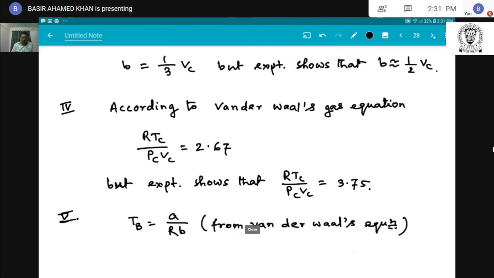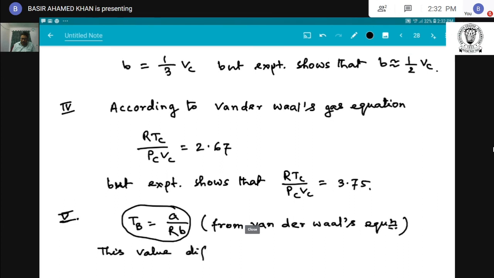So another defect is that the value of Boyle temperature differs from the experimental value.